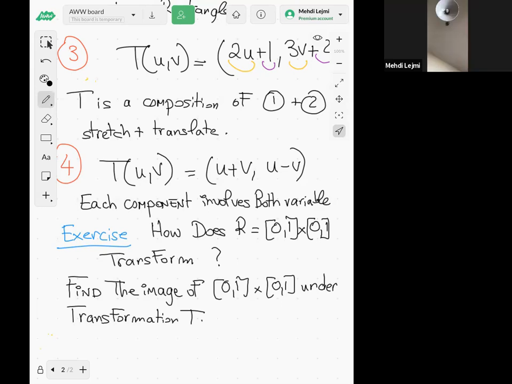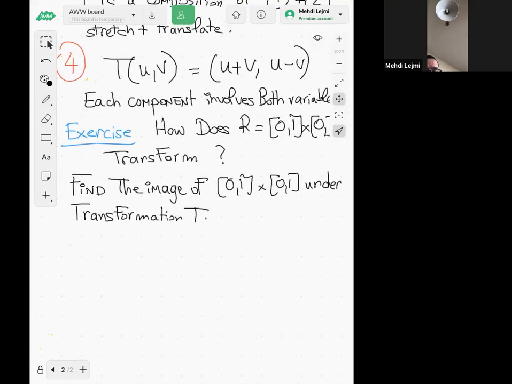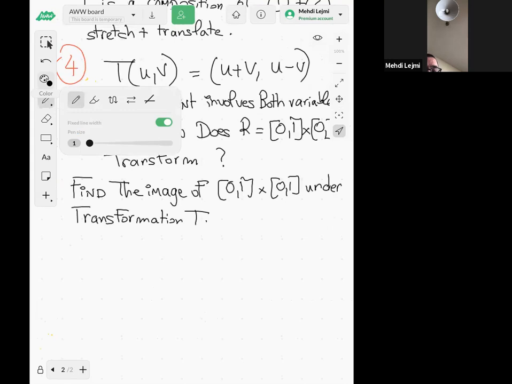Well, probably I didn't explain well how we find the image of our square. So probably I should solve this. What I'm saying, guys, is that we start with the square.